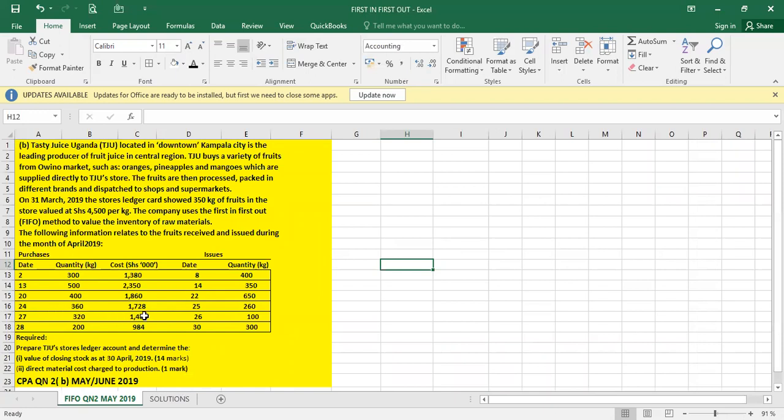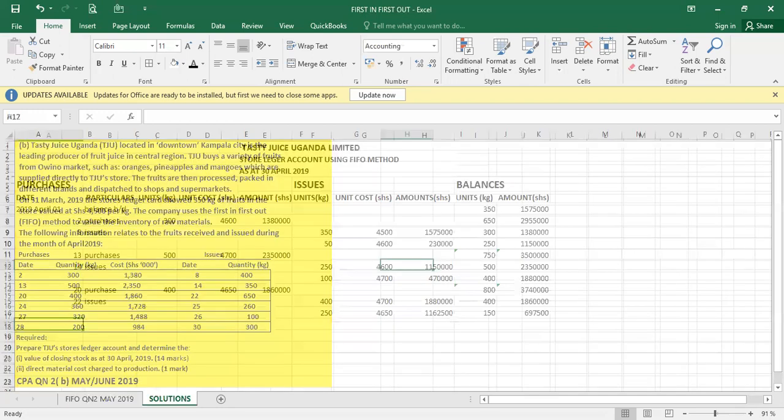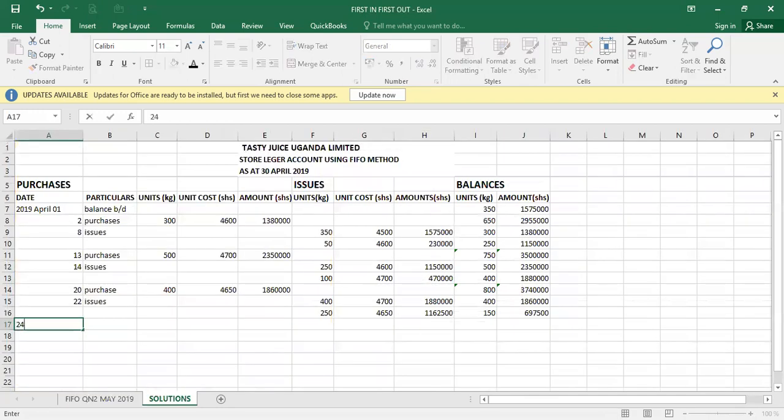24th. We are purchasing. On 24th, we are purchasing 360 units at a total cost of 1,728,000. These are the 24th purchases.